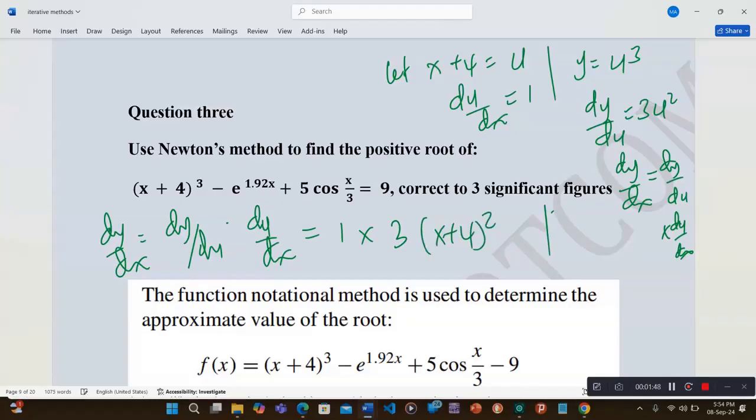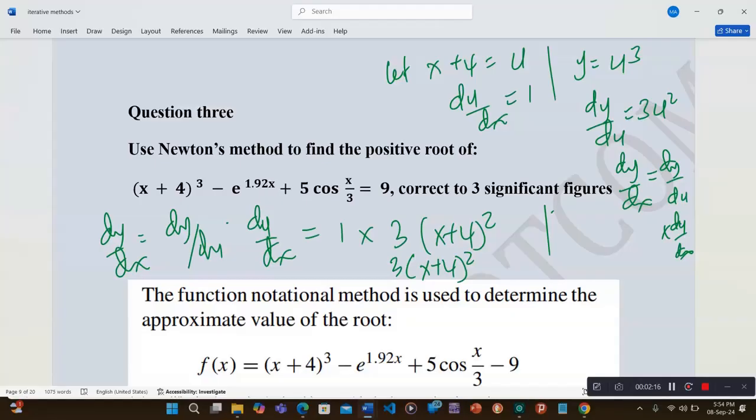So meaning if I differentiate this, I'm always going to have this 3 go this side. I differentiate what is inside, I write it here. Then I write what is inside here to power this minus 1. So that's why I have 1 times 3 times (x plus 4) squared. So this is going to be 3(x plus 4) squared for this only.